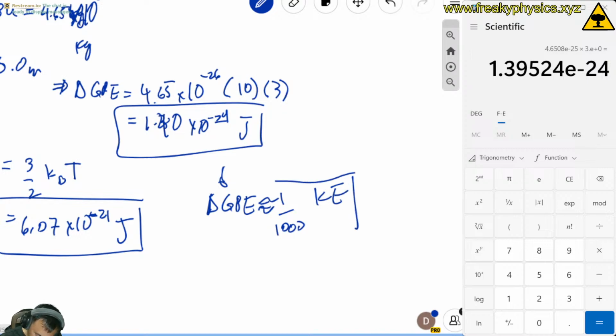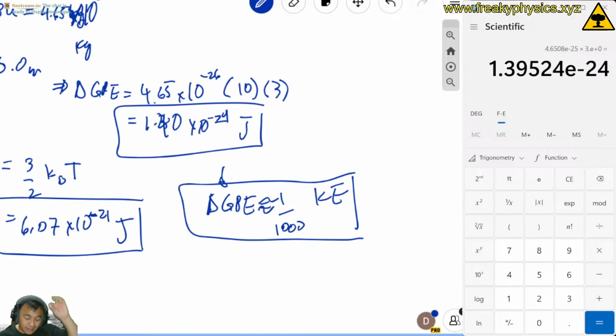What that tells us is that the kinetic energy is so much bigger than the gravitational potential energy, even if that molecule goes from the ceiling to the ground straight away in a straight path. If the GPE changes by less than 1%, then it's basically nothing compared to the kinetic energy, and we can ignore the GPE for molecules of gases.